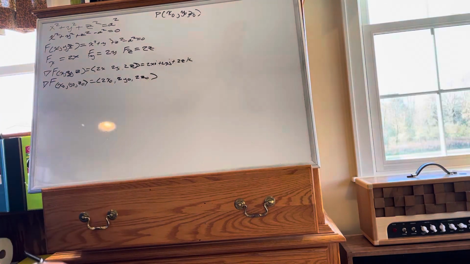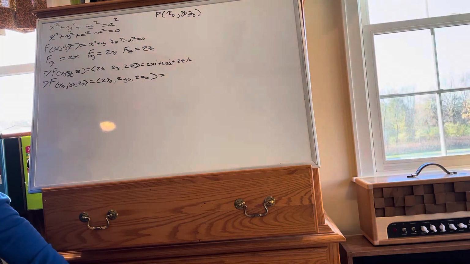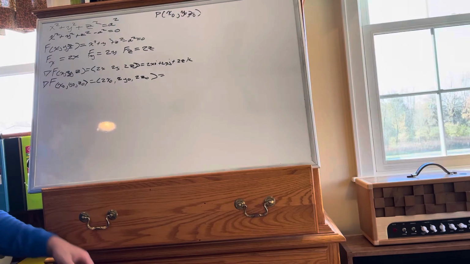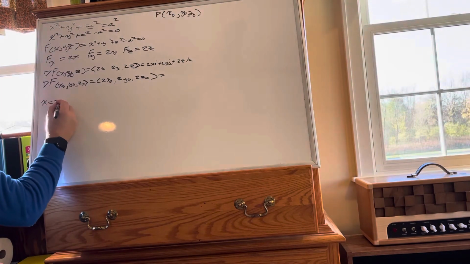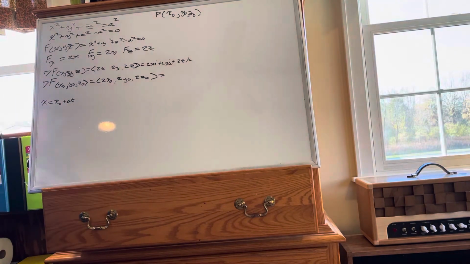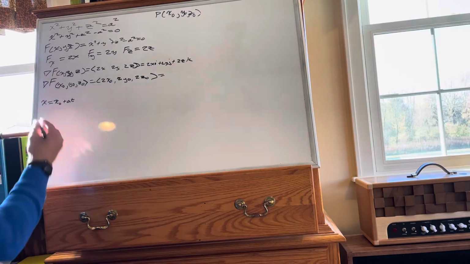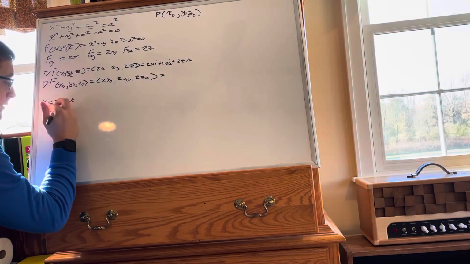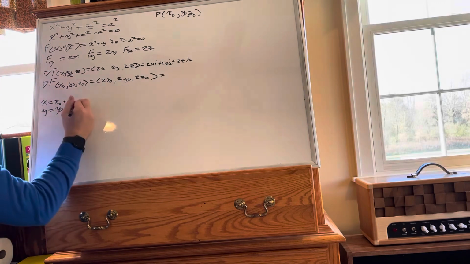Now when we find our symmetric equations and parametric equations, we have this formula, x equals x naught plus at. We have our point here, and then y equals y naught plus bt.